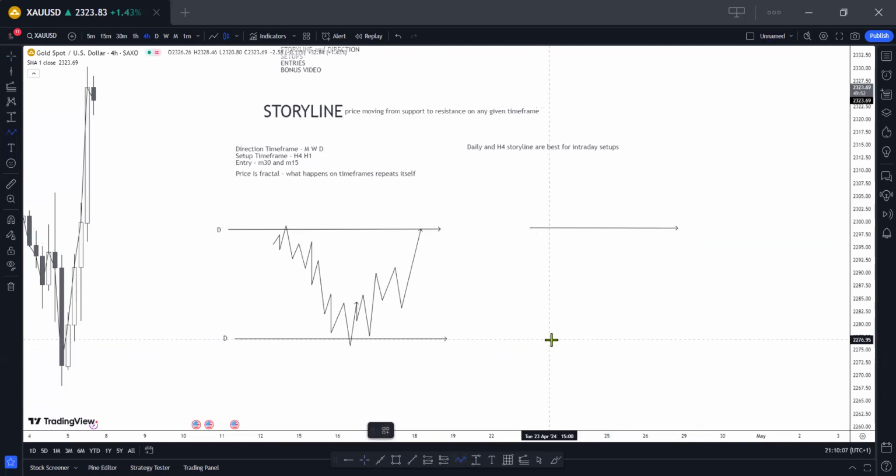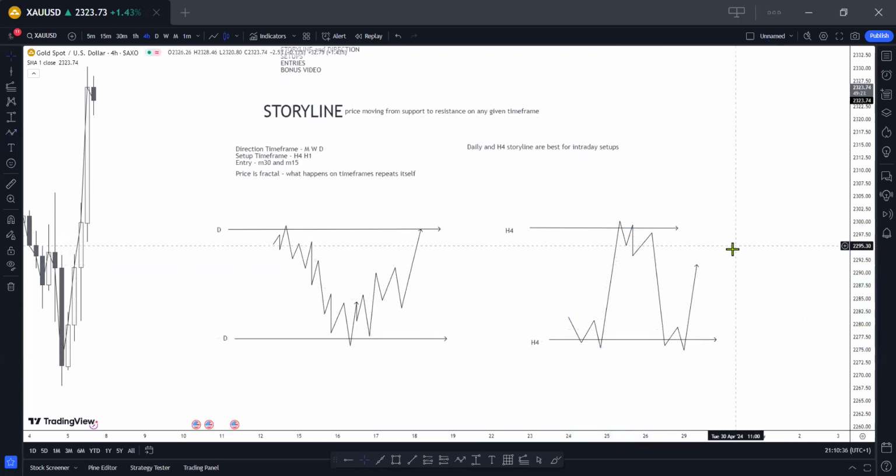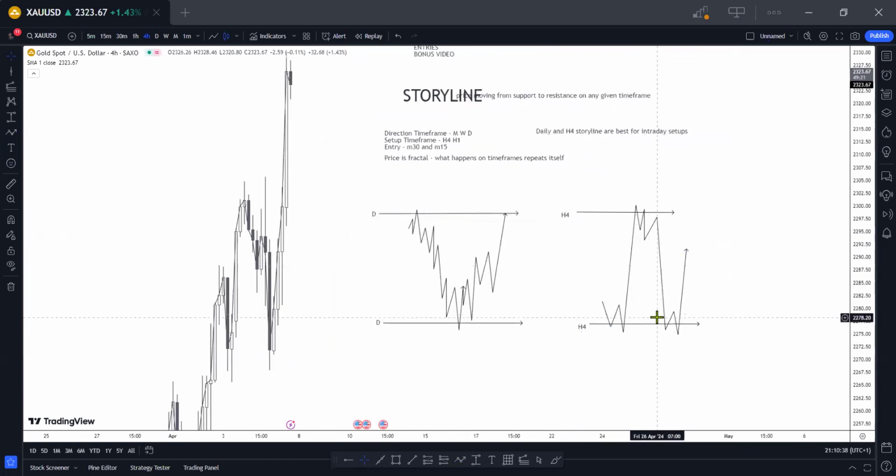Okay, price is fractal. All right, so say we have an H4 level, for example. Okay, let's say price moves from this support to this H4 resistance. That's your storyline. So price can also move from this resistance to support, right? That's storyline. It doesn't necessarily mean price would.